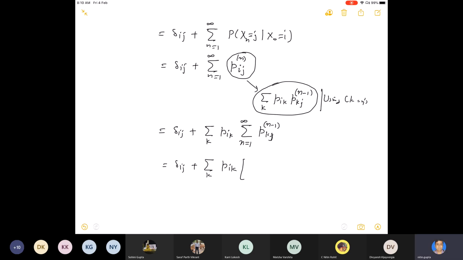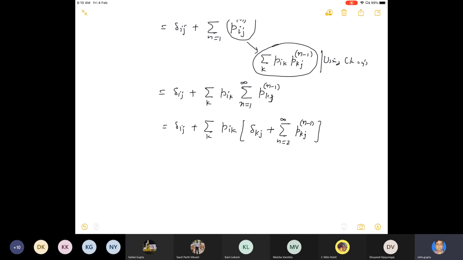So this will be 1 if k is equal to j, 0 otherwise, for n equal to 1, and the rest is summation n from 2 to infinity of p_kj^(n-1). When n is equal to 1, this value is p_kj^(0), that means the probability that X0 is equal to j given X0 is equal to k. So that will be 1 if k is equal to j, 0 otherwise.